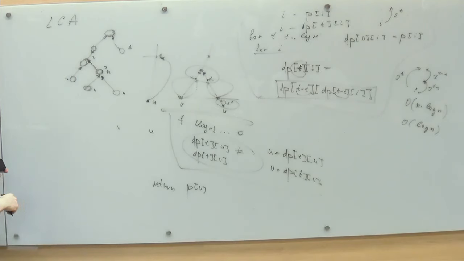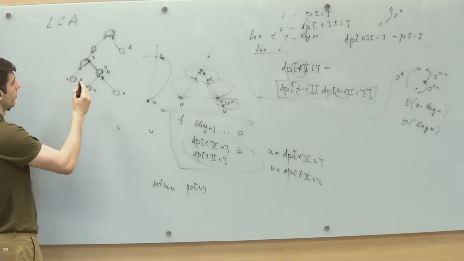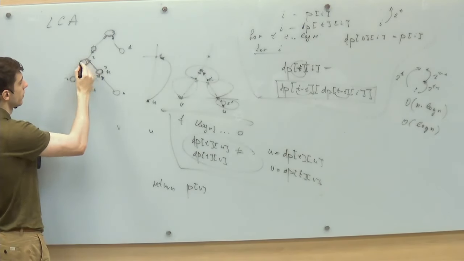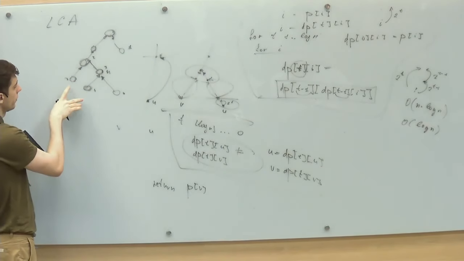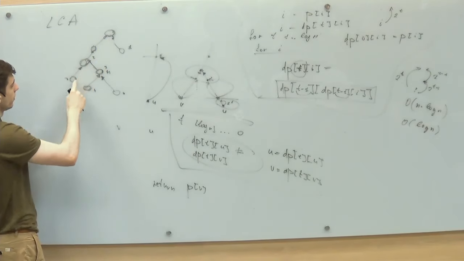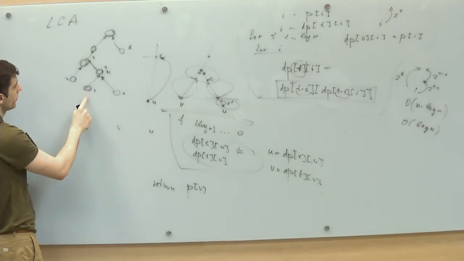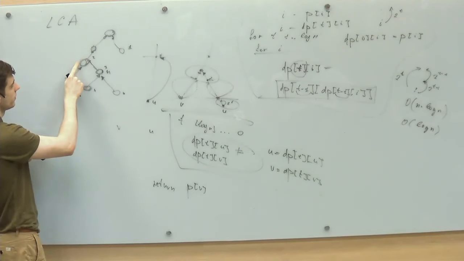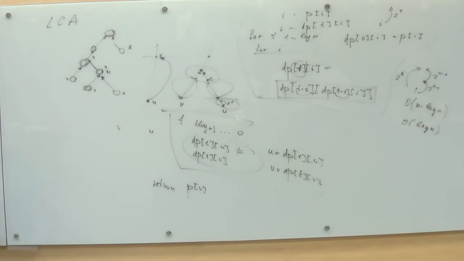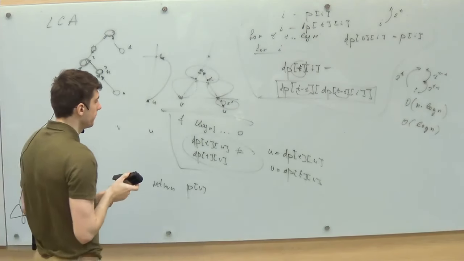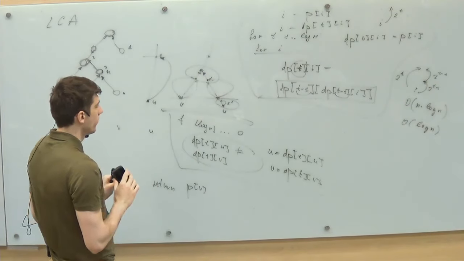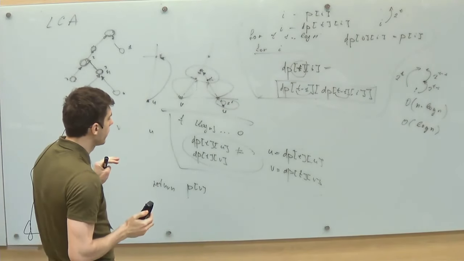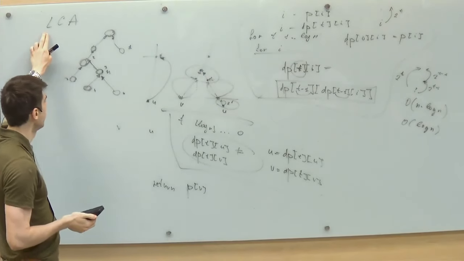So once we have to answer the query, we find its lowest common ancestor, and from this we just return the distance from the root to one vertex plus the distance to the other vertex and subtract twice the distance to the common ancestor. Yeah, so that was the most common way you can solve this problem.